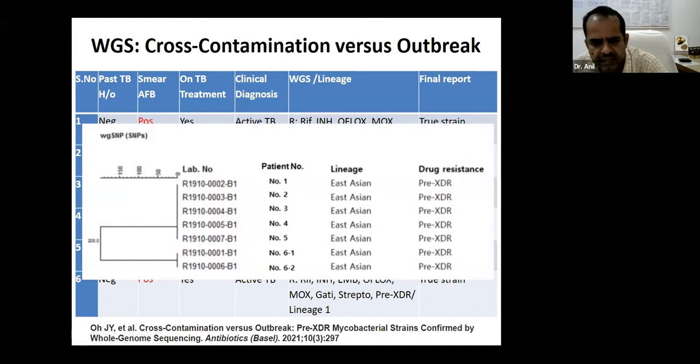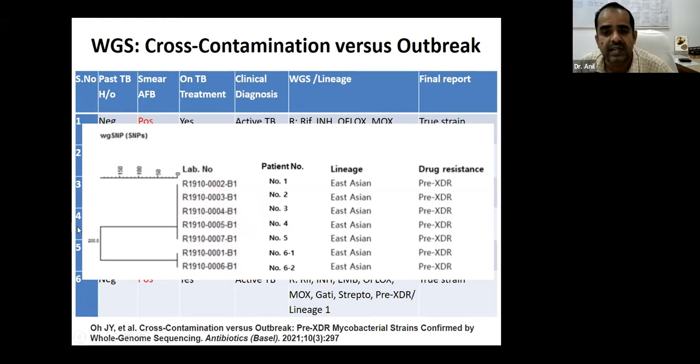They are all identical. And isolate number 6, 1 and 2, that is 2 isolates of that patient, were clustered together. They were identical. So they came to the conclusion that clinically patients 2 to 5 didn't have any tuberculosis, but gave the same cluster, belong to the same cluster, means the lab has contaminated the specimens.